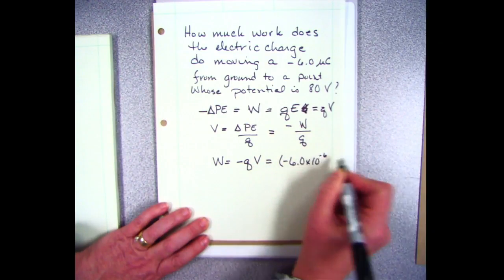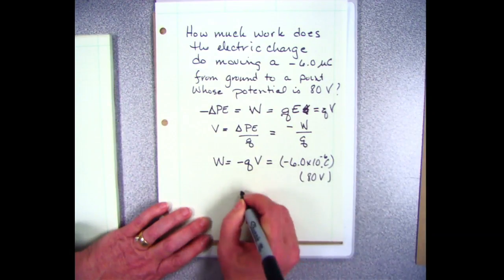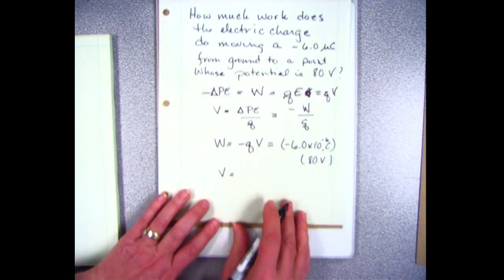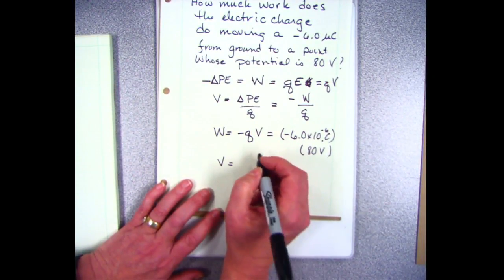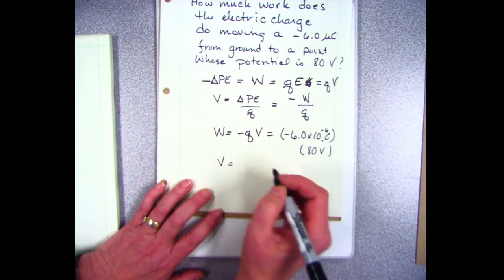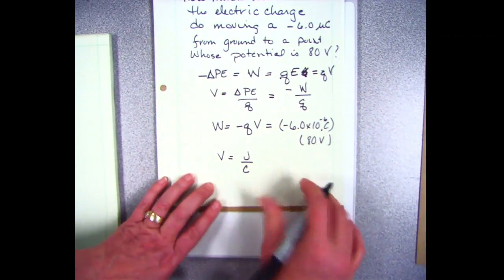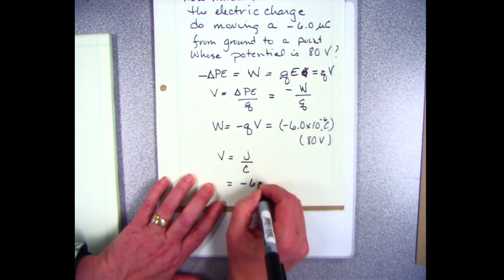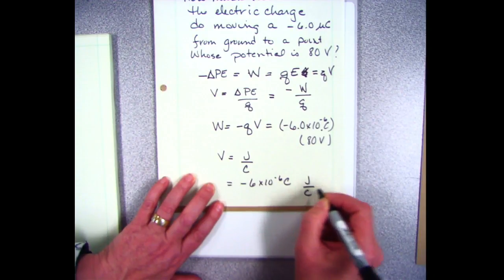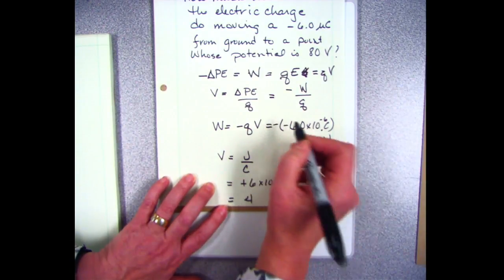A volt is also equal to a joule per coulomb. So I get minus 6 times 10 to the minus 6 coulombs times 80 joules per coulomb, and that gives me minus 4.8 times 10 to the minus 4 joules, because the coulombs cancel out.